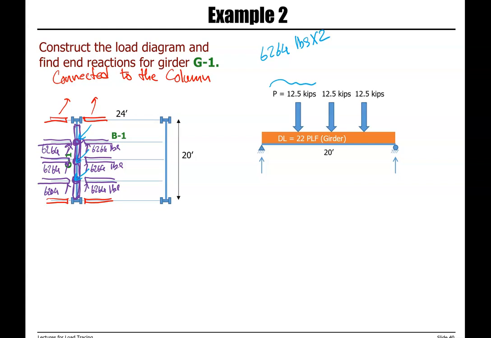That's why we multiply 6,264 pounds by 2. And this is equal to 12,528 pounds, or as shown in the figure, 12.5 kips.